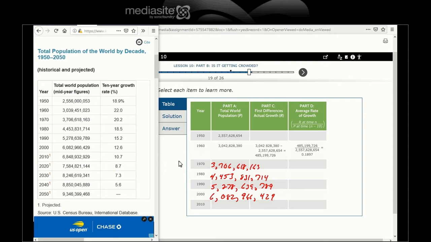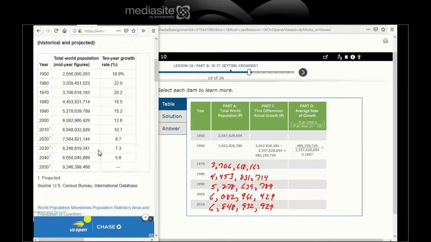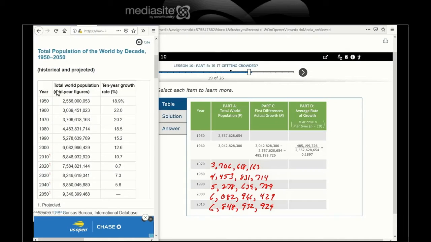And 2010, 6,848,932,929. Yeah, looks like we have regular growth here, but looks like the rate of increase is going down. Interesting.